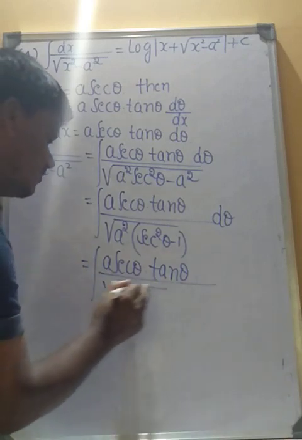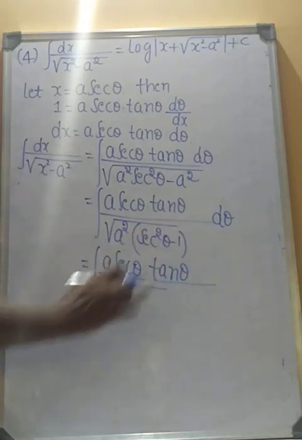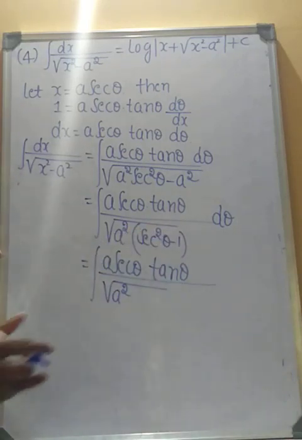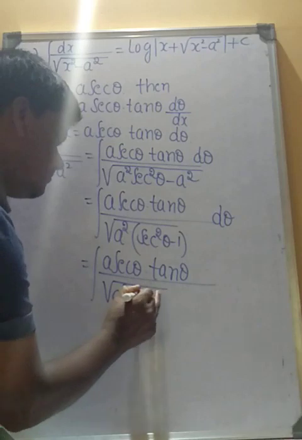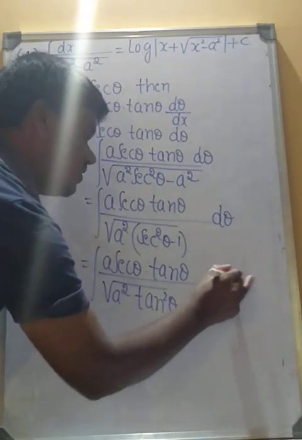What is secant square theta minus 1? That is also, you know, a trigonometric identity, that is tan square theta.